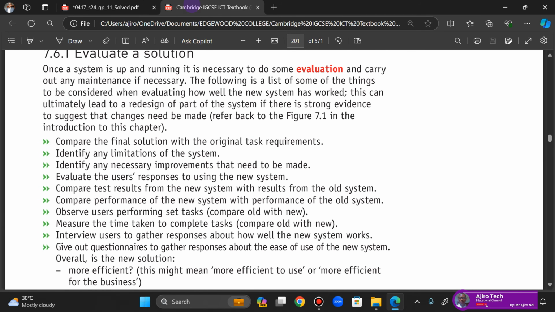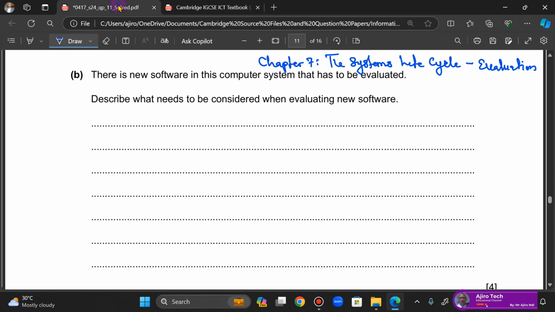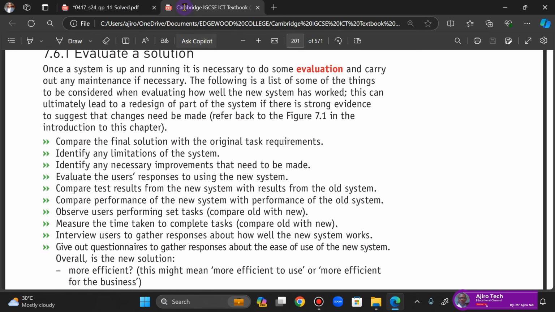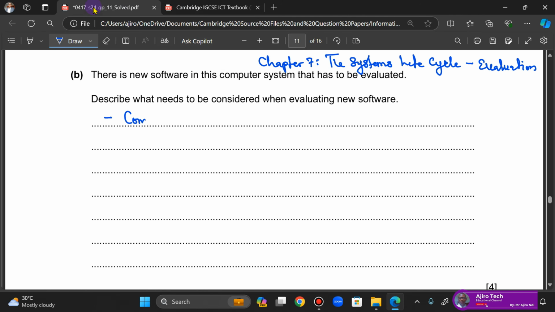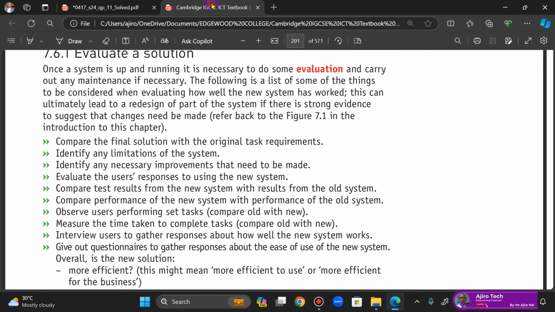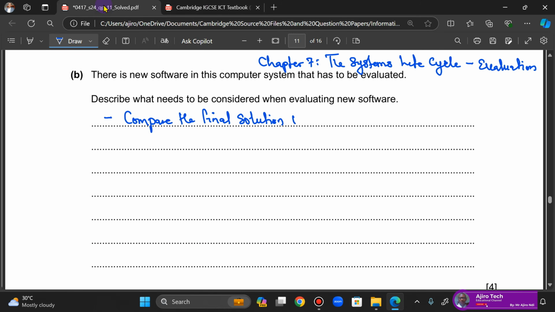Look at it, right? So here you compare the final solution with the original task, identify any limitation of the system, and then identify any necessary improvement that has to be made. So they said the new software has to be evaluated. Number one, compare the final solution with the original task.